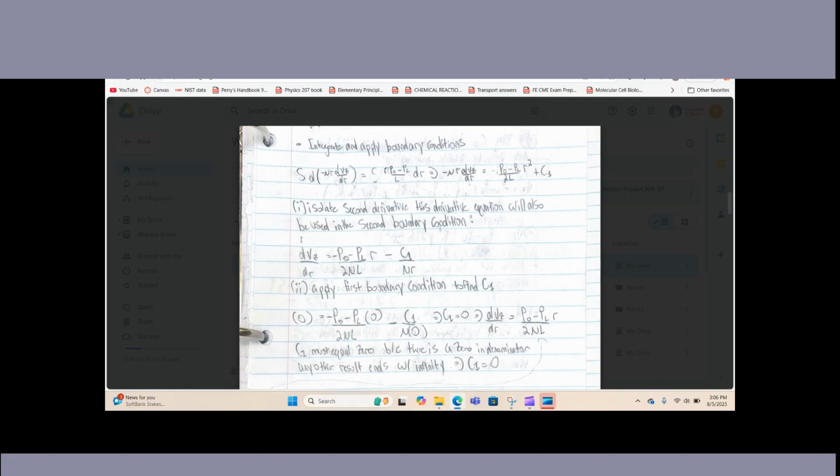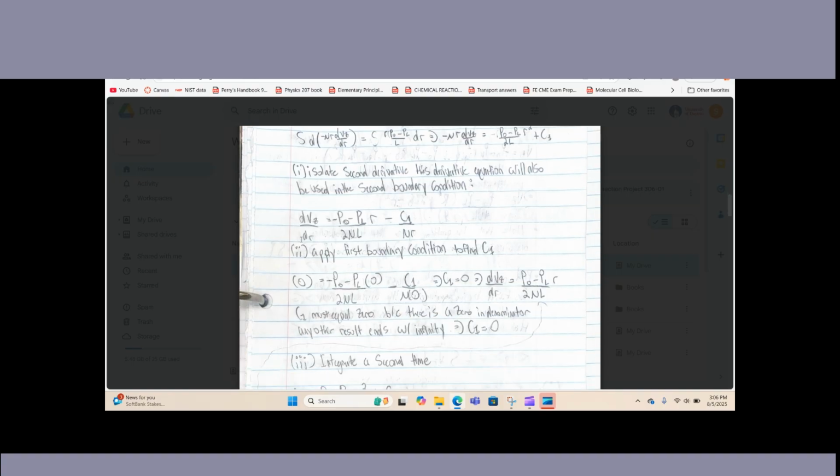We isolate that term, and dvz dr equals 0 at r equals 0, so we're plugging in all those terms. And we see in this expression it's C1 divided by mu times 0. If you get an expression like this, it basically just means C1 is 0.